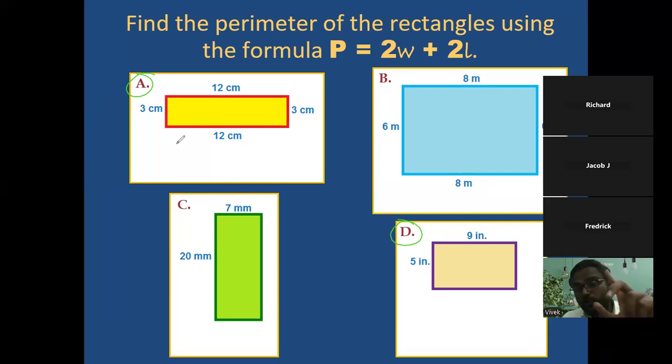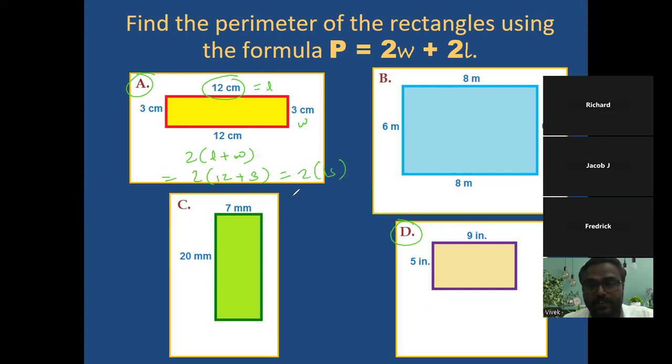I'll be using the formula 2 times L plus W. The length is the longest side, which is 12, and the width is 3. So 2 times (12 plus 3). According to PEMDAS, I will solve the parentheses first. So 2 times 15 is equal to 30 centimeters. So the perimeter of this rectangle is 30 centimeters.